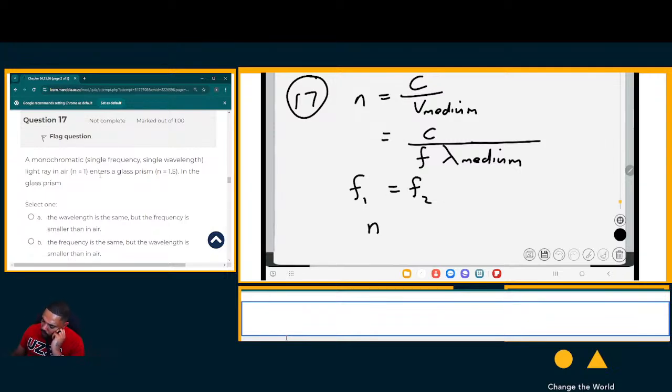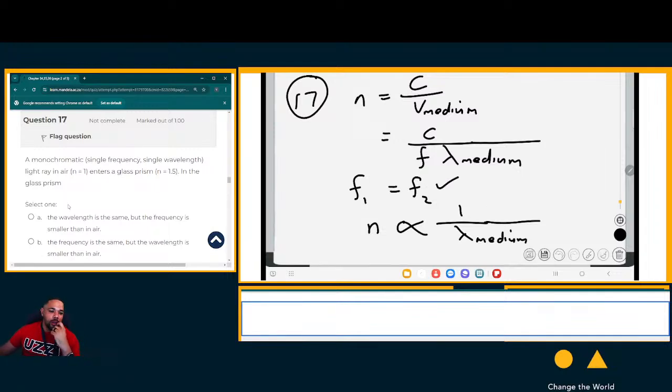Therefore, refractive index is directly proportional to c over f, which will be a constant for both. So refractive index is inversely proportional to the wavelength in the medium. So the higher the refractive index, the lower the wavelength in that medium, because the frequency is constant.